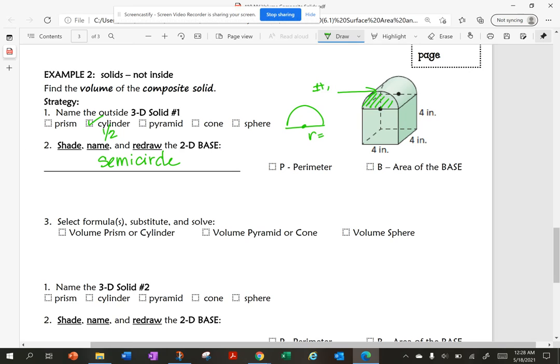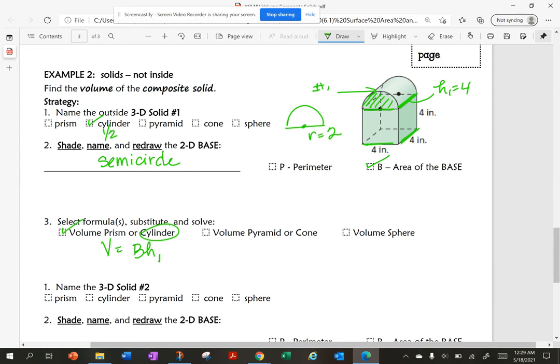If my diameter is 4, and I'm getting the 4 from here, then my radius is 2. So I want the volume of a cylinder. The formula for the volume of a cylinder is area of the base times the height of the cylinder. The height of the cylinder here is the same as here, so that is 4.